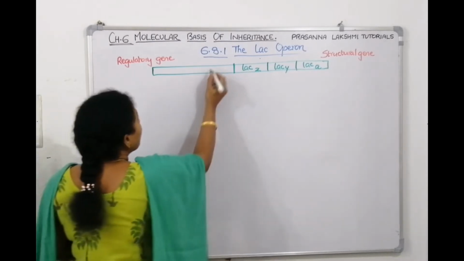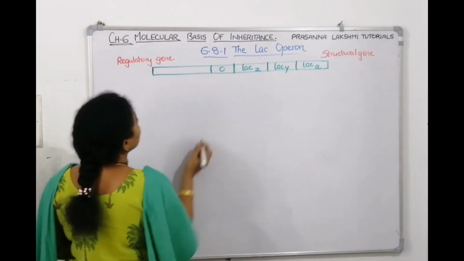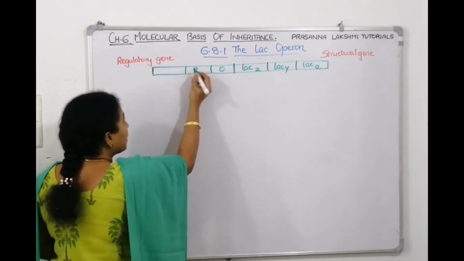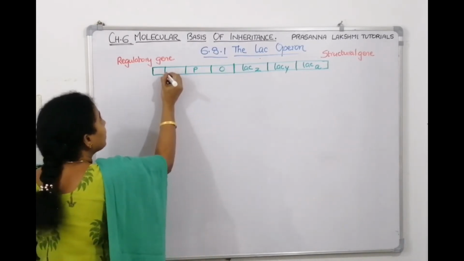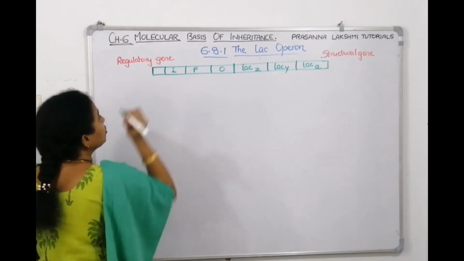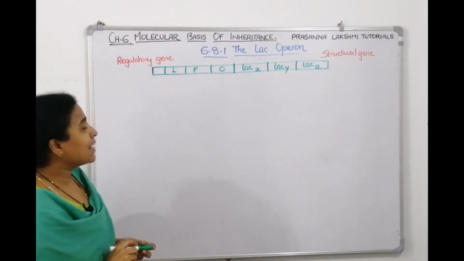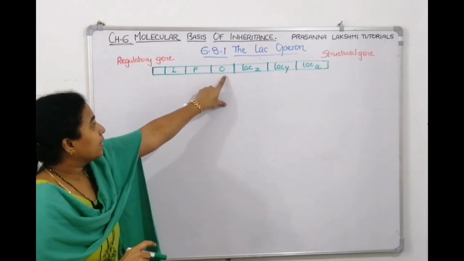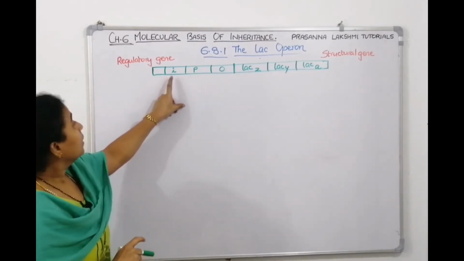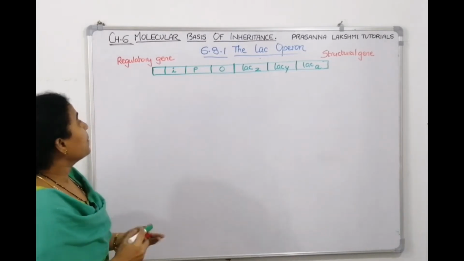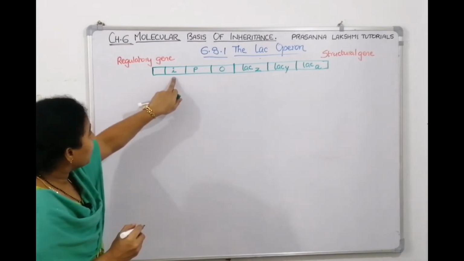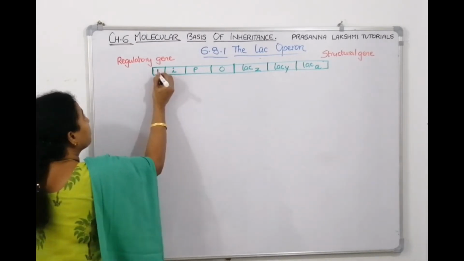We call them operator gene, promoter gene, inhibitor gene. And this inhibitor's promoter will be here.